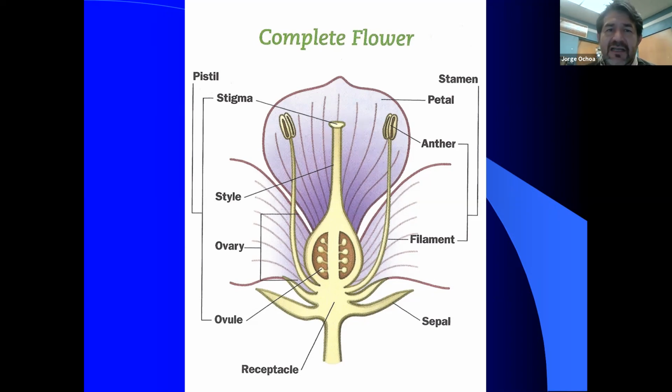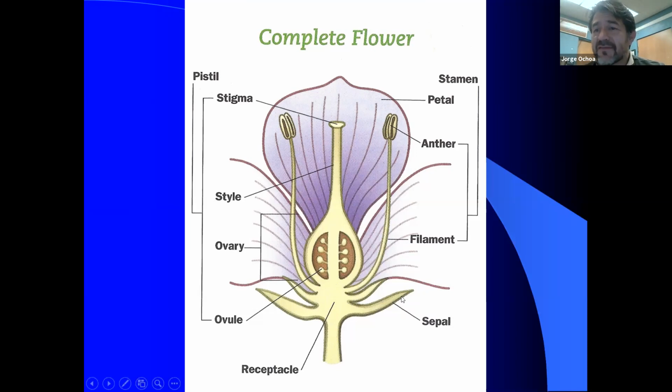But if we just look at a generic drawing of the flower, we're going to have a couple of things. We're going to have the stem that holds the flower to the plant, and then the receptacle. The receptacle is a very important area that gives the flower certain specific features. Number one is the sepal.